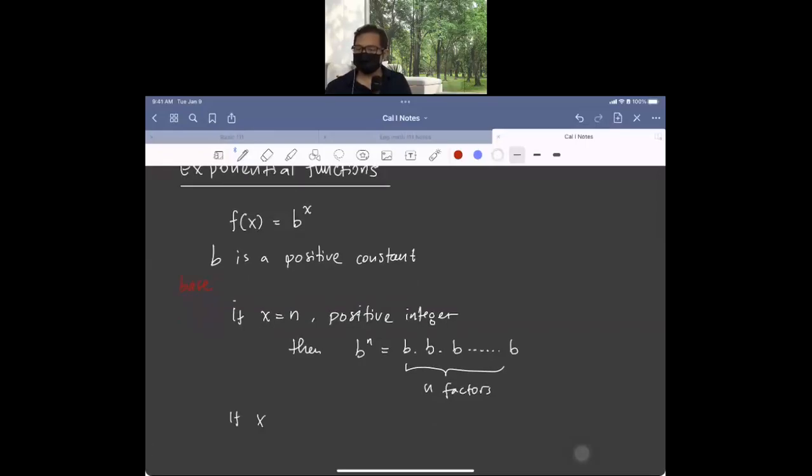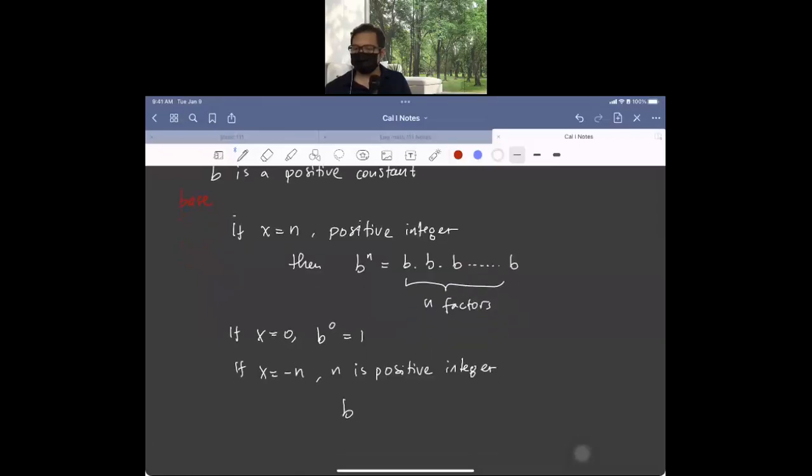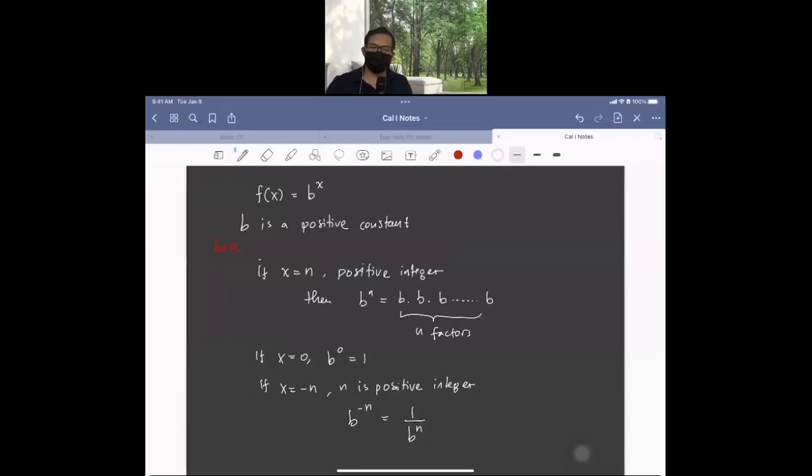And if x equals 0, then b with power of 0 is equal to 1. And if x is negative, then b with power of negative n is just the reciprocal. Okay, it's just standard things related to exponential.